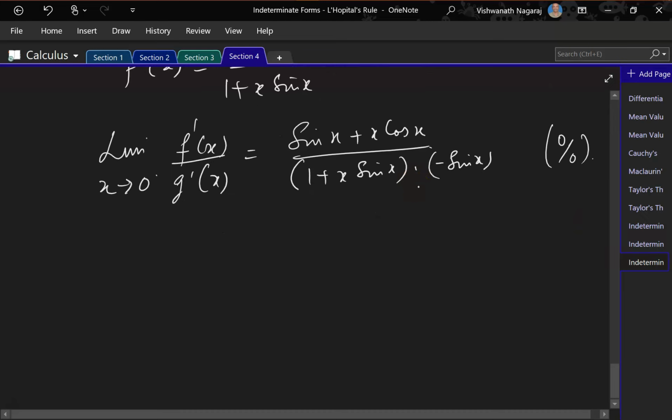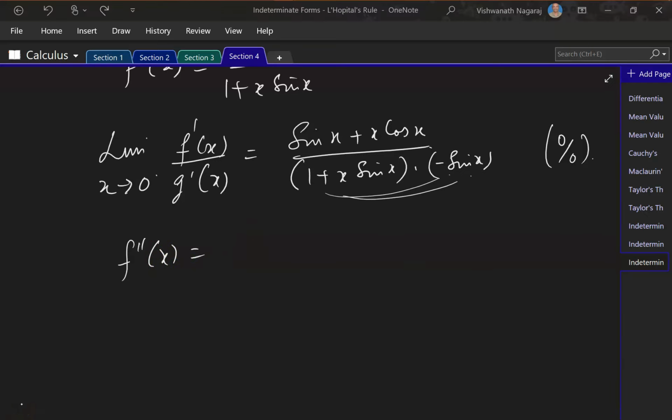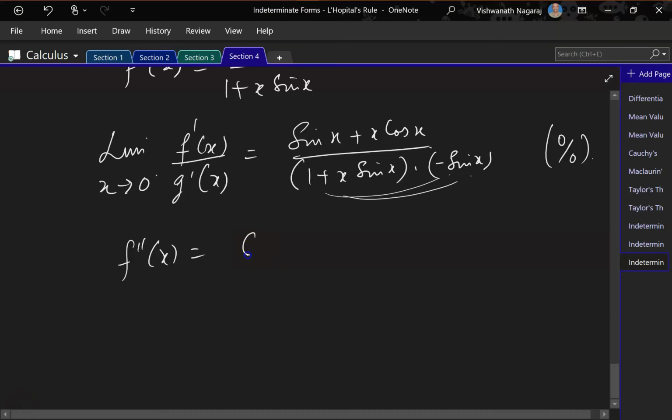Which means we need to go one step further and apply L'Hopital's rule once more. So f double prime of x would be: sin x differentiates to cos x, plus cos x plus x times minus sin x.